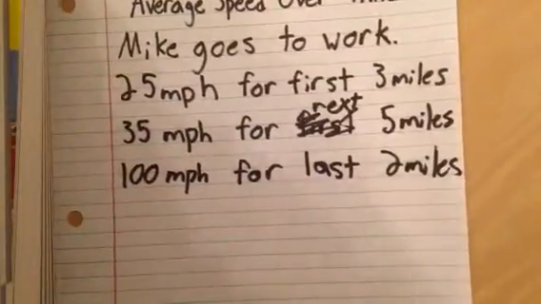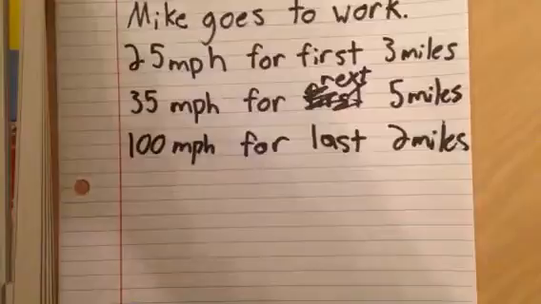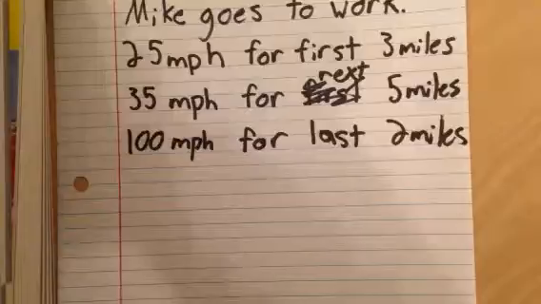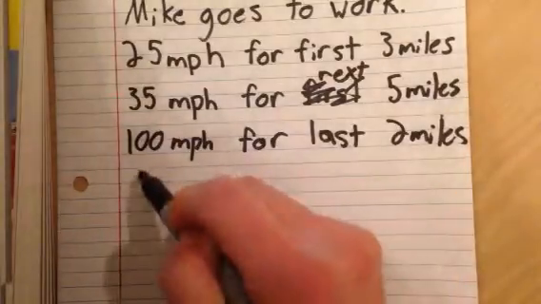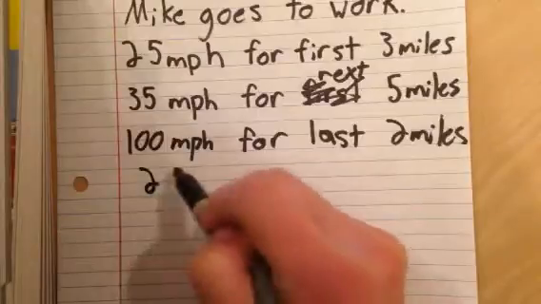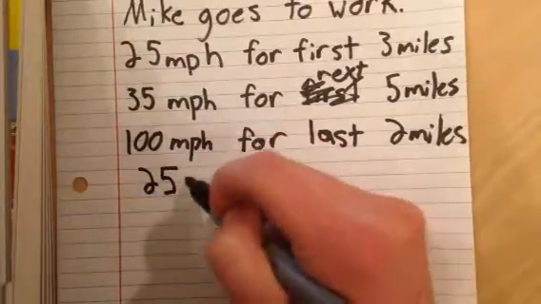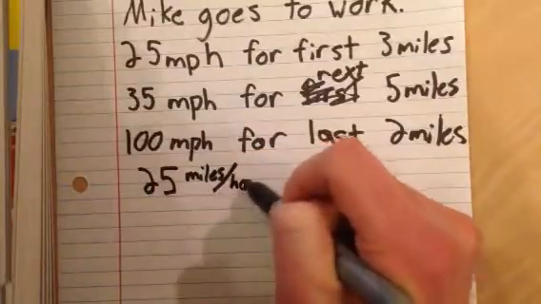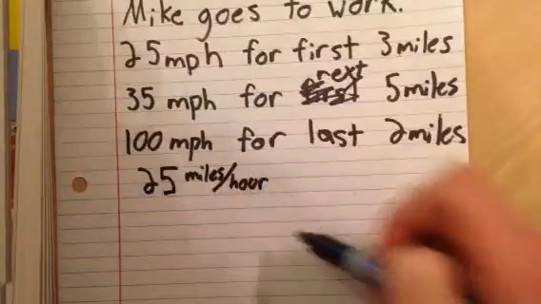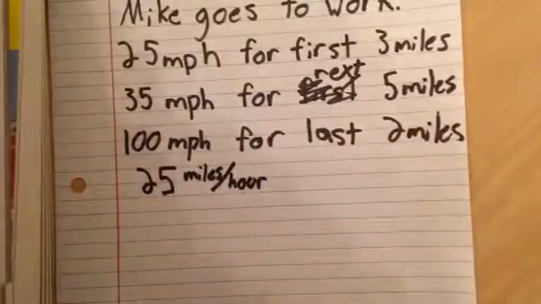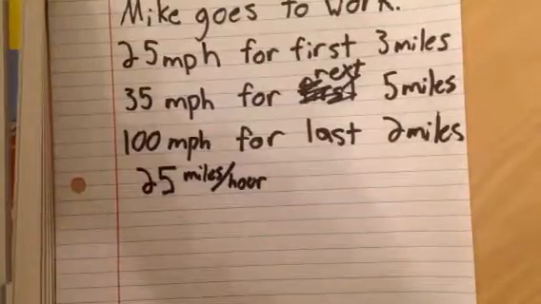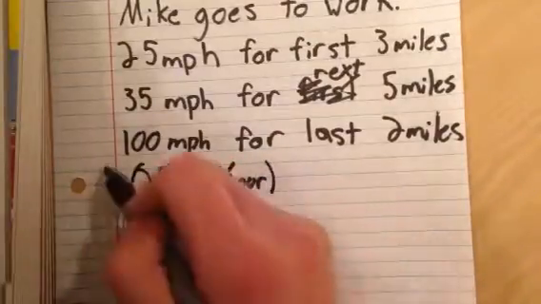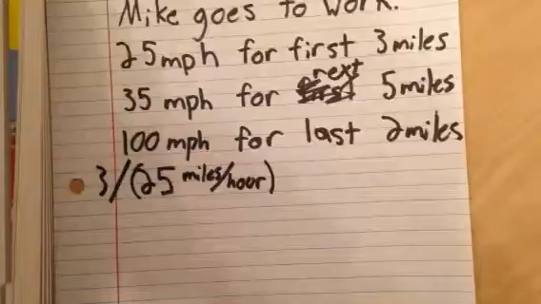Okay, so let's convert everything to time. Let's see how much time he spends at each speed. So he's going 25 miles per hour for 3 miles. What we're going to do is divide 3 by 25.